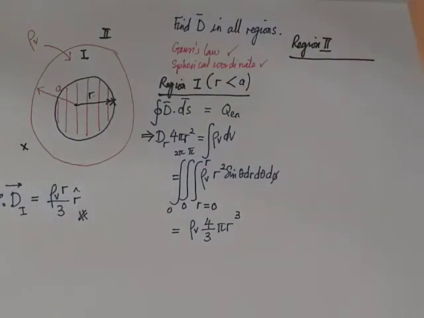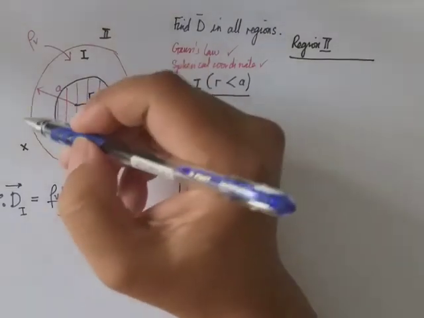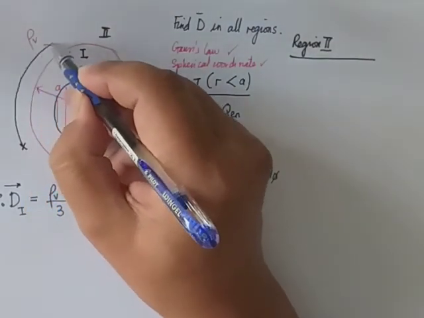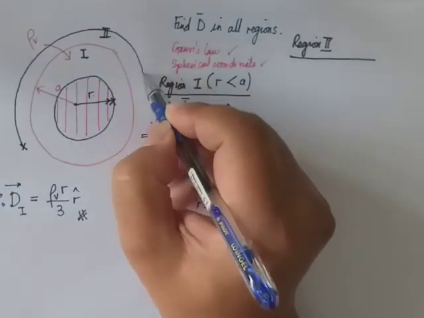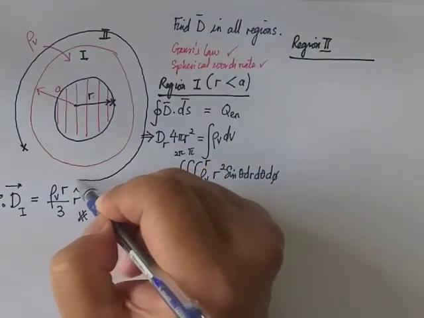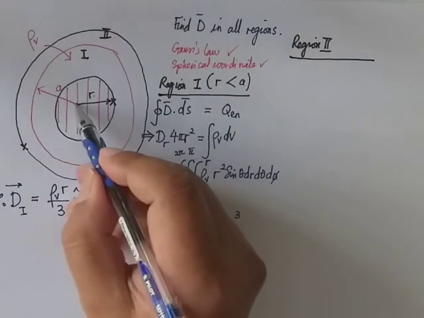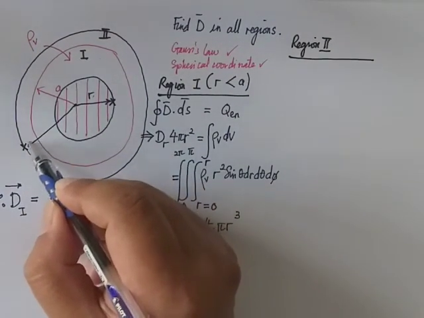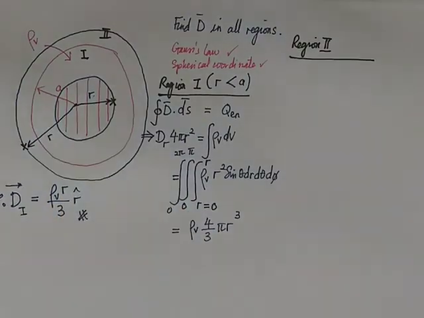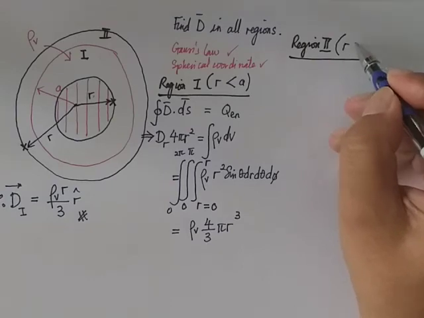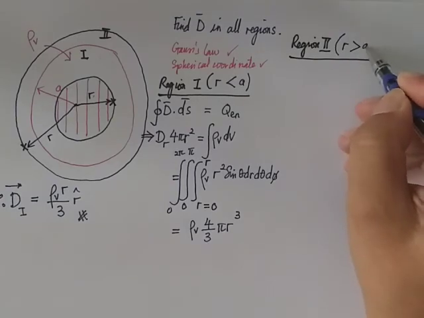Then I'm going to build my Gaussian surface. The Gaussian is just the same thing we did before, passing through our D location and completely closed. The radius must be given as r, so now the r for region number 2 is always greater than a.